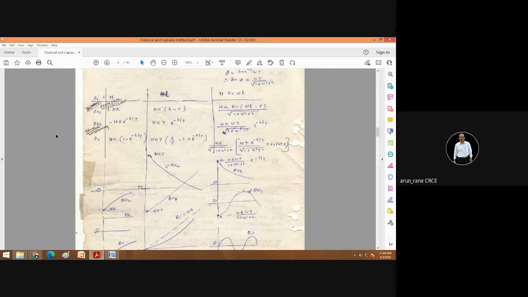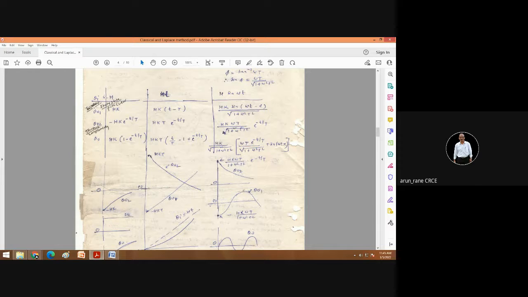Again, the proofs for all these responses have been withdrawn for this semester. Theta O1, as I told, is the particular solution, or the steady state solution. Theta O2 is your complementary solution, that is transient, and theta O is the total response.